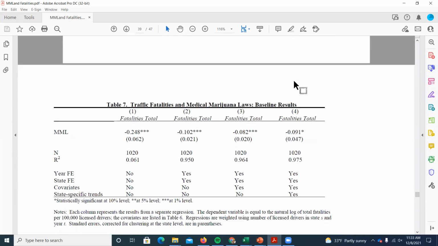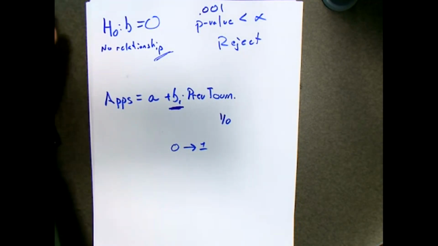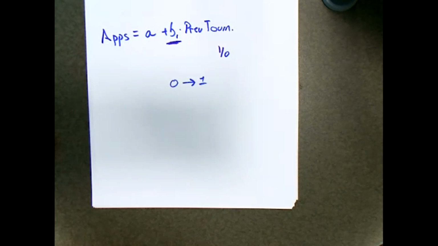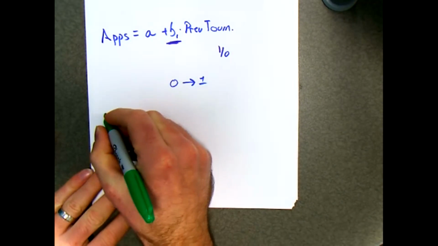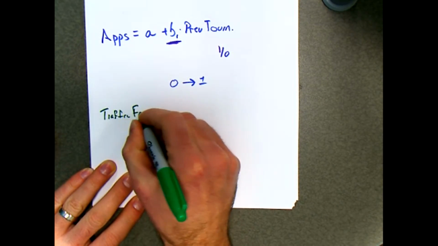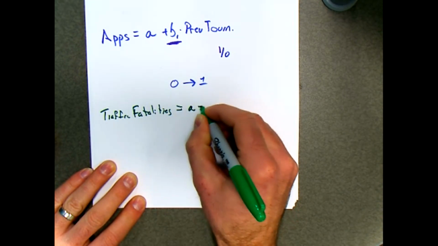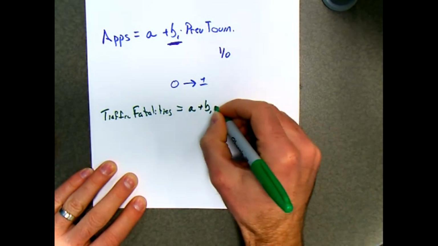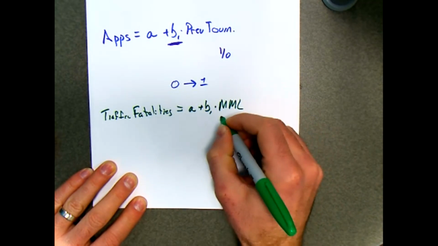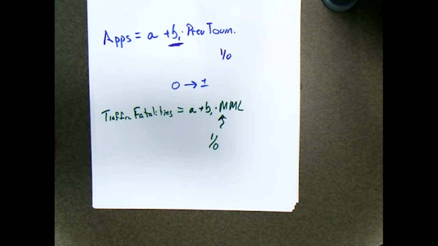Here it is. Okay. So basically what they're going to do in this paper, and I'm simplifying it a little bit, but for the sake of where we're at in class, they're going to look at traffic fatalities as their Y variable, and they're going to try to predict that using this indicator for whether or not medical marijuana was legal.